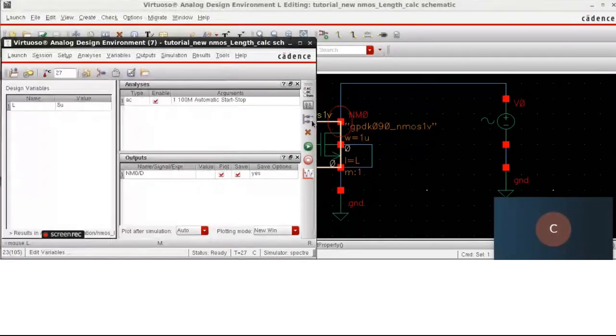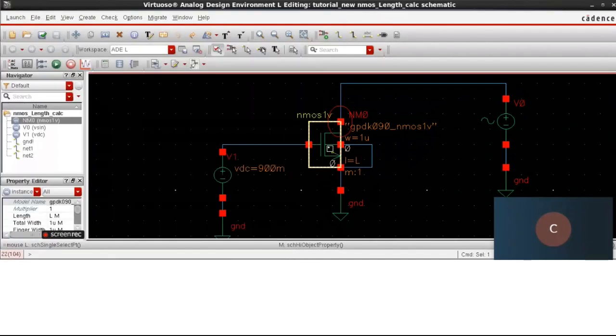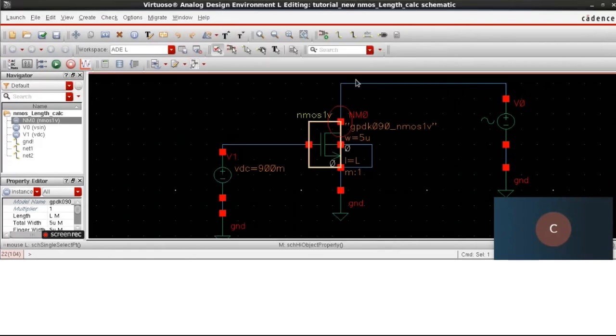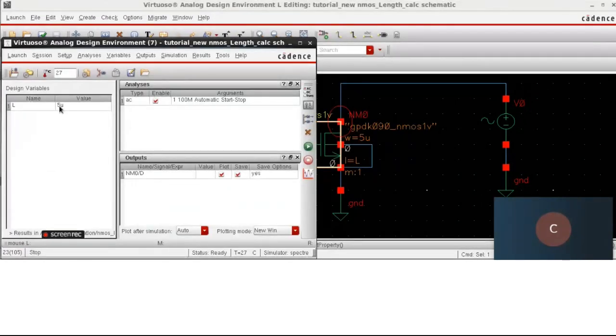Keep W as 5. Let's save it. I'll try to vary L to 10. Basically, I'm making L by W as 10 by 5.